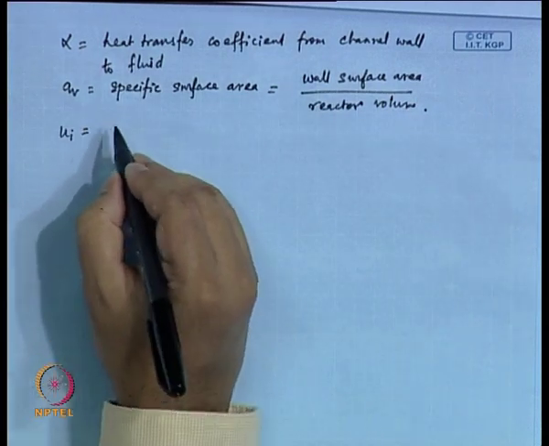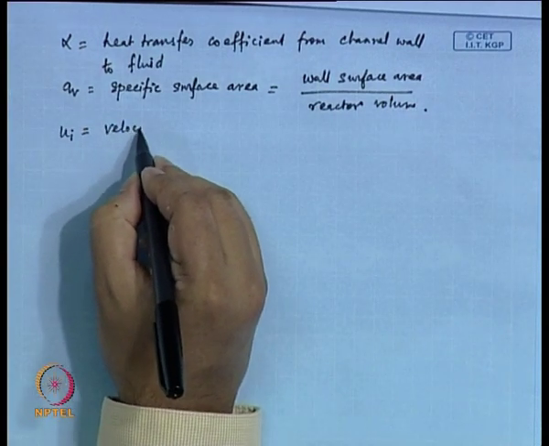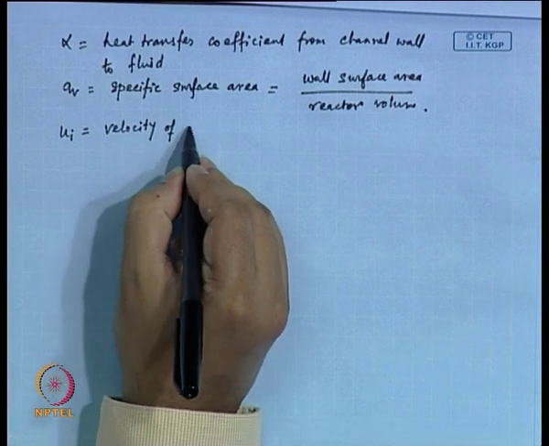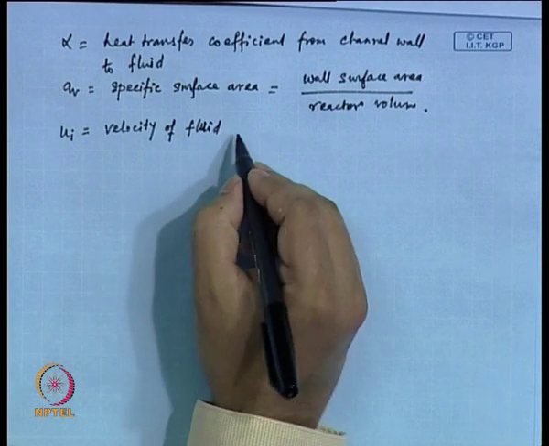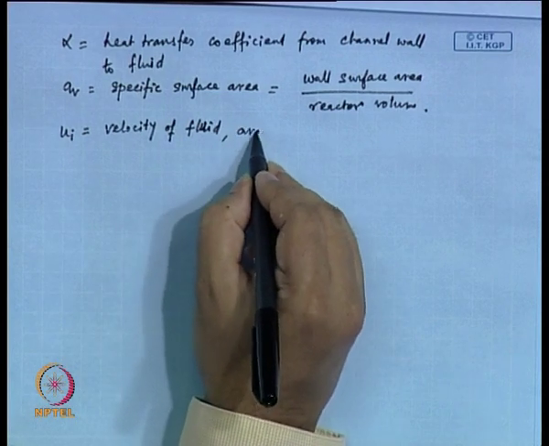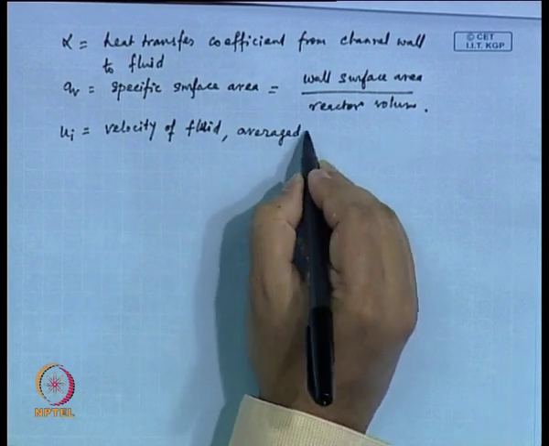U I is equal to the velocity of fluid averaged over the channel cross section.